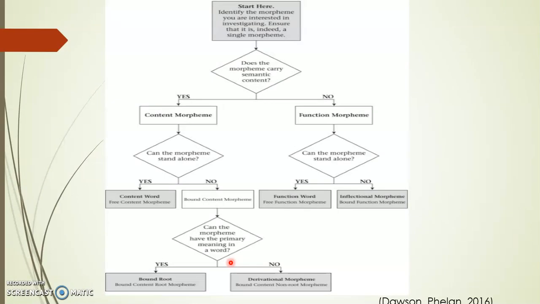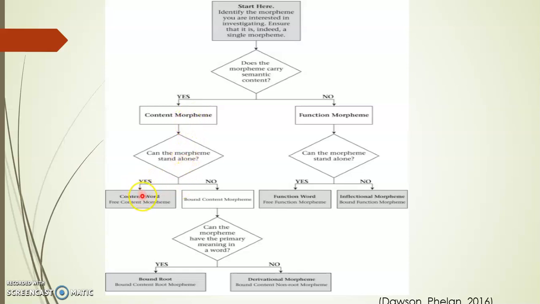And to finish with this part, I love this chart. You start here: identify the morpheme you are interested in investigating, and ensure that it is indeed a single morpheme. Does the morpheme carry semantic content? Yes, so it is a content morpheme. Can the morpheme stand alone?